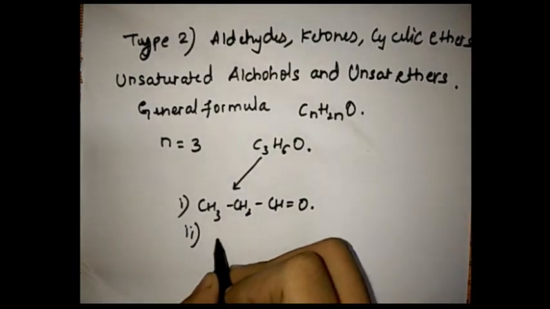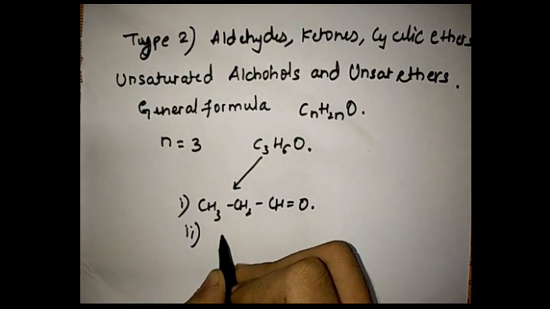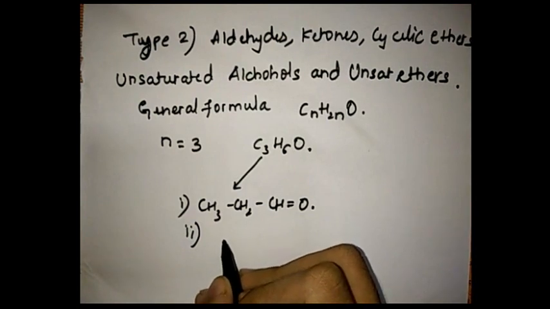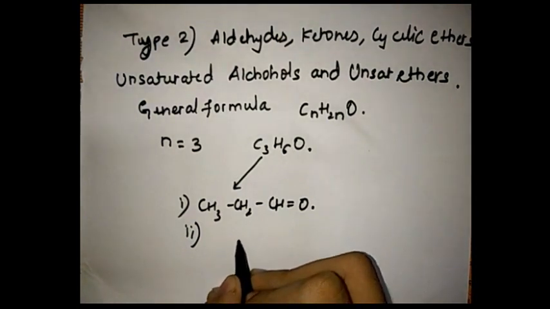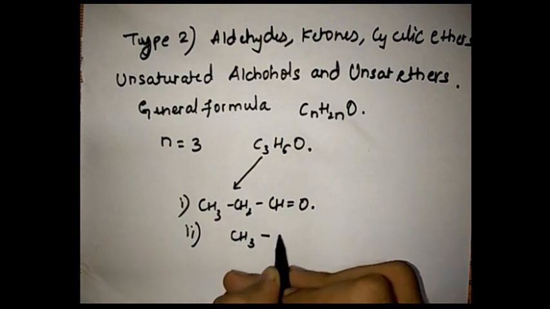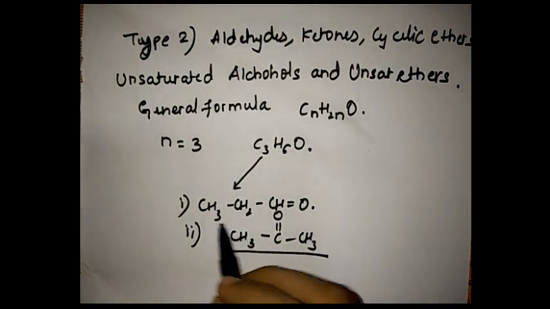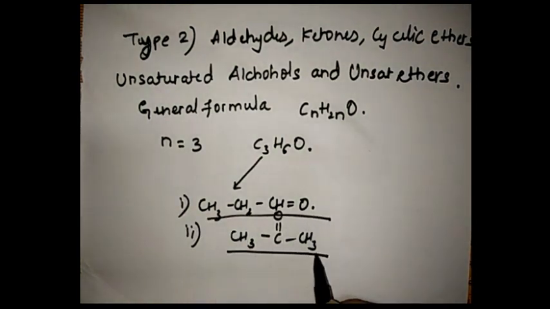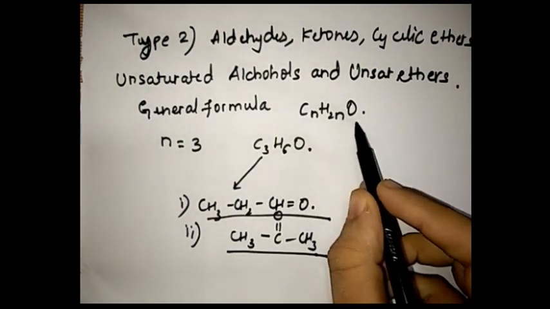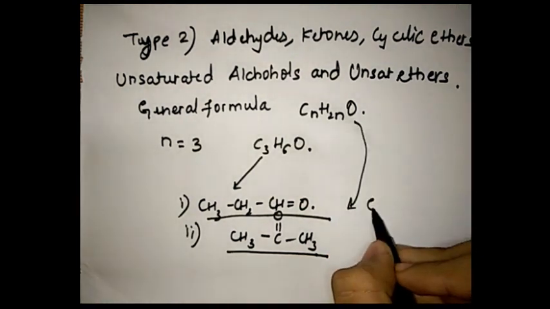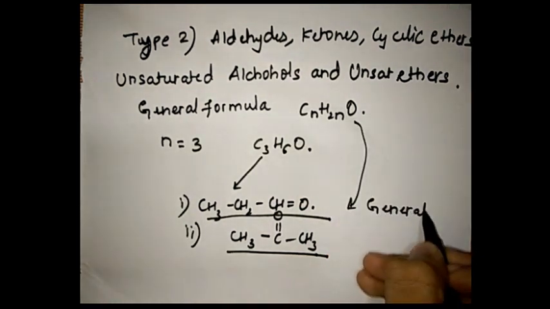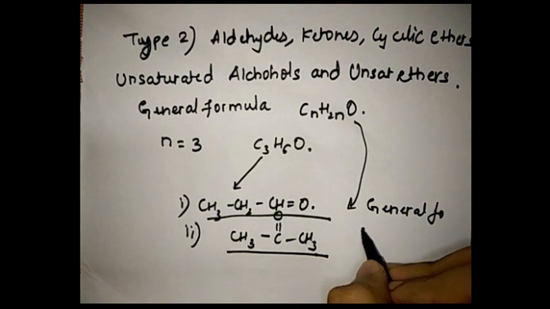Similarly, it can be written as CH3C(=O)CH3. Now it is a ketone. This one was an aldehyde and this one is a ketone. So the general formula is satisfied.